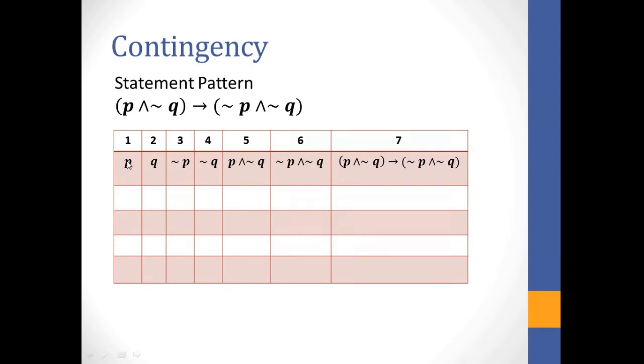There are 7 columns in total: P, Q, negation P, negation Q, P and negation Q, negation P and negation Q, and the last one for this statement pattern. Again we write T, T, F, F, then T, F, T, F.